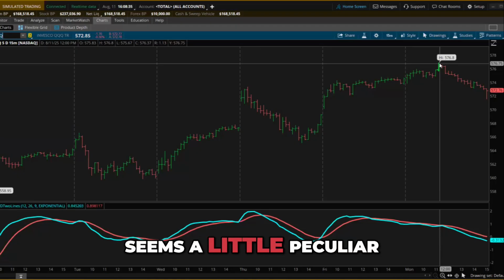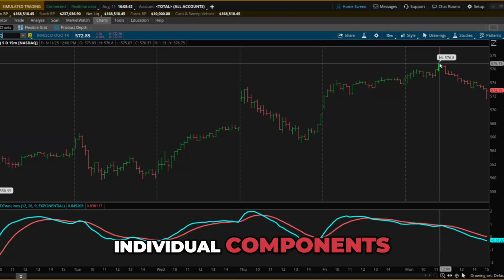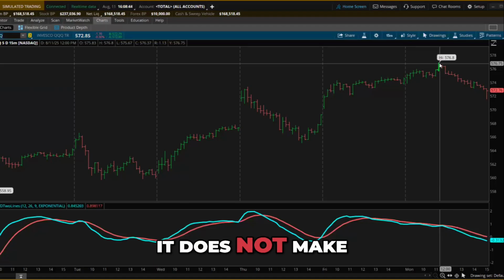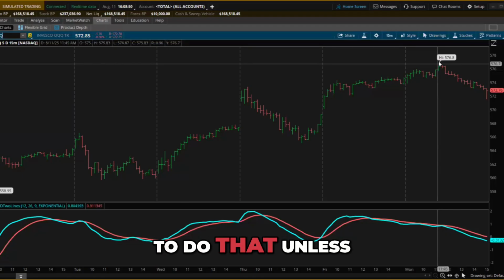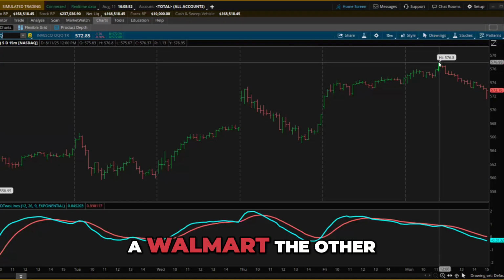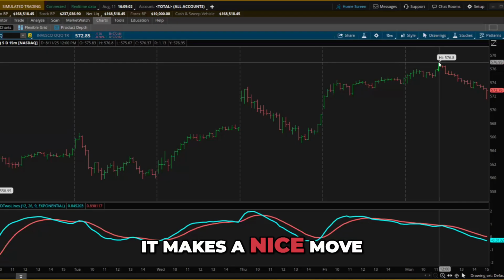That seems a little peculiar, doesn't it? So why chase all the individual components? Again, it does not make any sense whatsoever to do that unless you have something like a Walmart the other day that was on expiration day and it makes some nice moves, it makes 500 times your money.